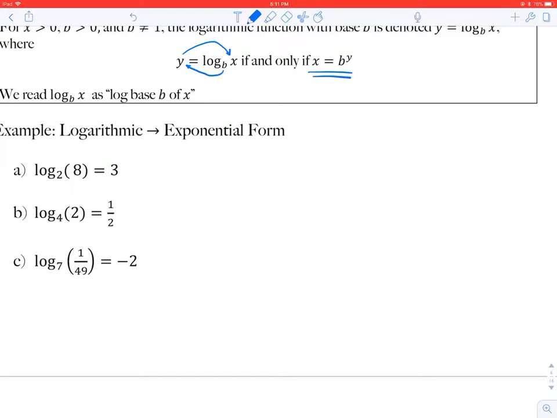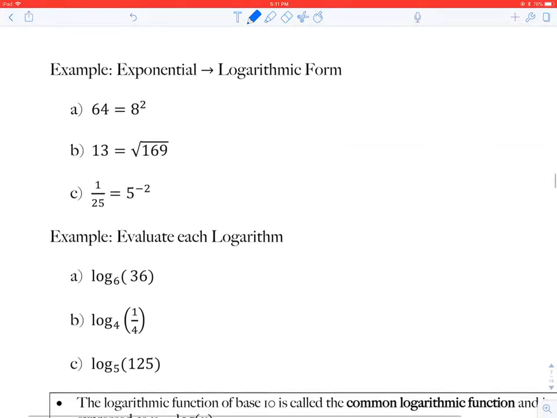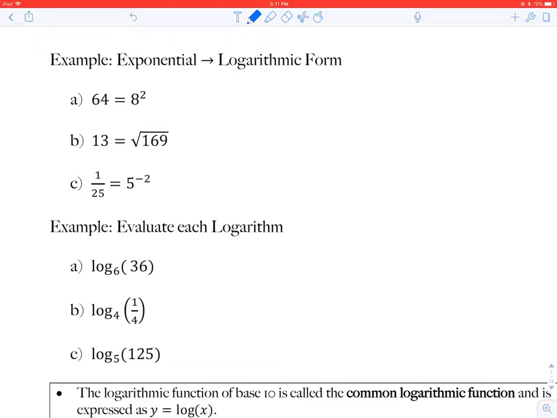So we can write these logarithms in their equivalent exponential forms. 2 cubed is equal to 8. That's an equivalent statement. 4 to the 1/2 is equal to 2. 7 raised to the -2nd power is equal to 1/49. And then we can rewrite these exponential statements in logarithmic form.